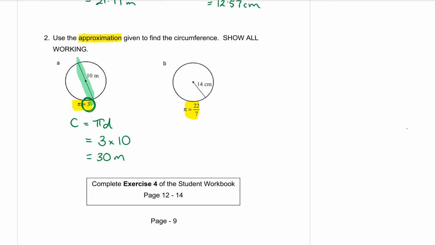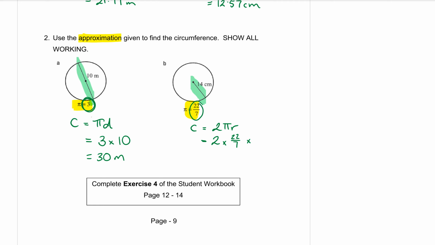Now, I have been given the radius, the center to the edge. So I'm going to use C equals 2 pi r. R for radius. Now in this question, remember we're not using the calculator for the pi button. We've got the 2 out the front. Instead of pi, we're putting in the 22/7 fraction.